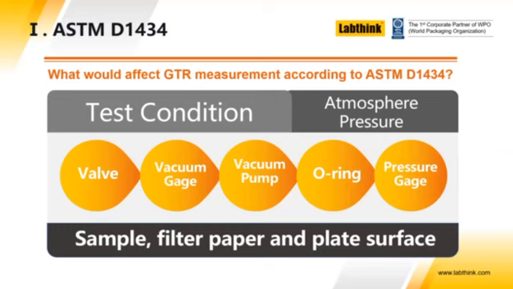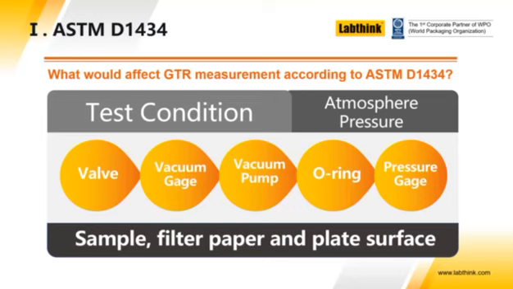There is a need for a vacuum gauge so that we can monitor the progress of the evacuation. Of course, there's a vacuum pump involved. The effectiveness of the pump can also have an effect on the end result. It's very important to have a good seal, as with all permeation measurement systems. So the importance of the O-rings is stressed.